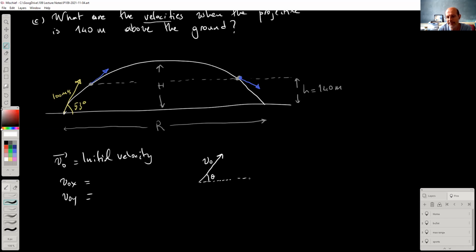So x-axis is horizontal, y-axis is vertical. And so as a result, this component can be written as V0 times cosine theta, and the other component can be written as V0 times sine theta.